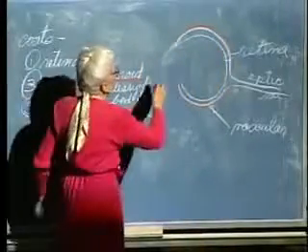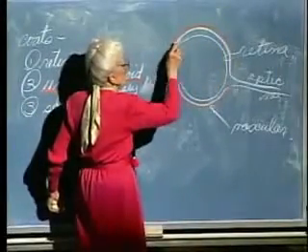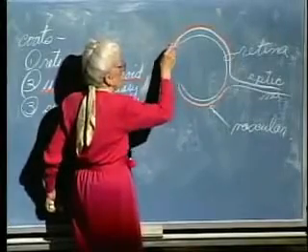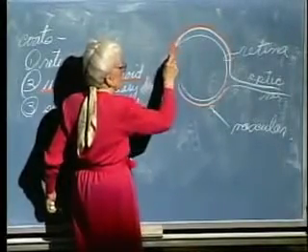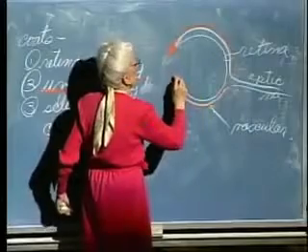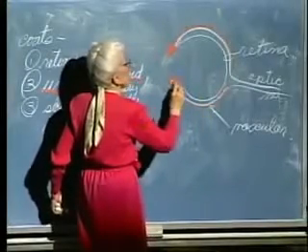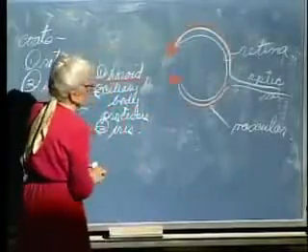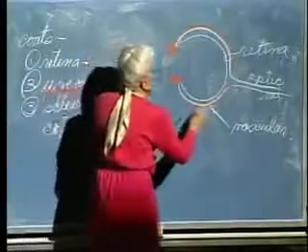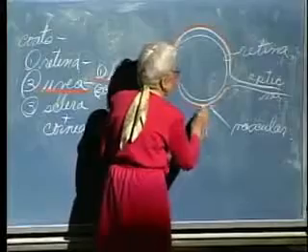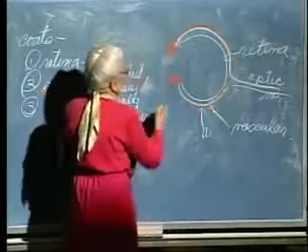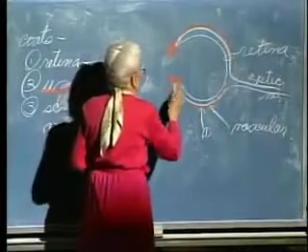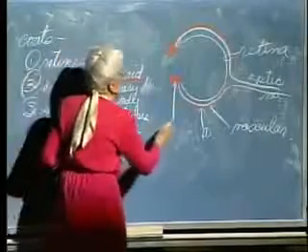And then it expands into this ciliary body. Choroid was number 1. This is number 2.